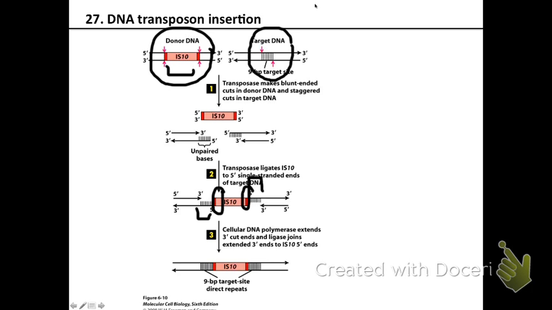And those single-stranded DNA are going to be filled by the DNA polymerase in the cell and get ligated. And when that happens, you basically have a direct repeat at each flanking end of the transposon, and that's the signature of the transposition. So the mechanism of those direct repeats is due to the staggered cut that is made at the target site. Does that make sense? Any questions?